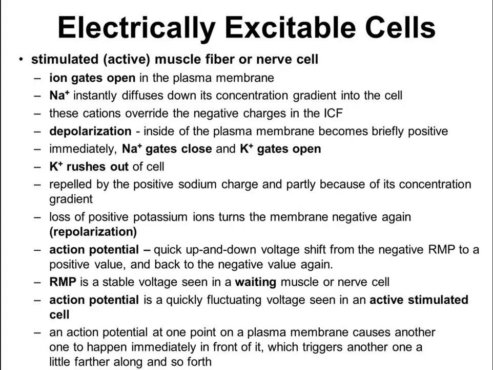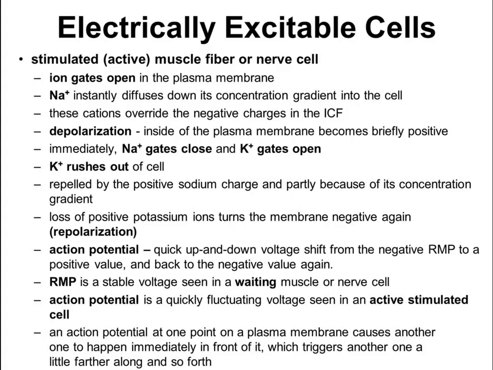An action potential is a quick up and down voltage shift from the negative resting membrane potential to a positive value and back to that negative value again. And within that short time, all these things I just mentioned happen. A resting membrane potential is a stable voltage seen in a waiting muscle or nervous cell.